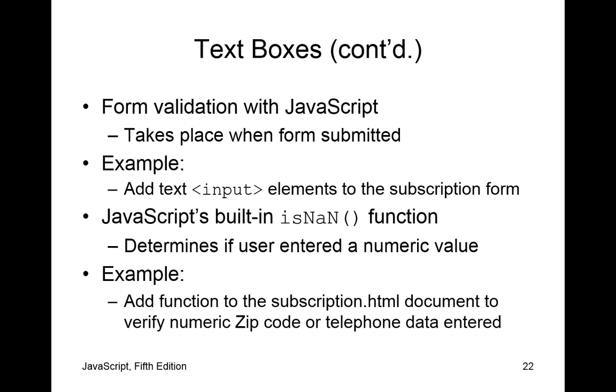Form validation with JavaScript. What you can do is add the text input elements from a subscription, like when you're validating an email address or whatever. And then you can use the isNaN function. What that means is, is it a numerical value?